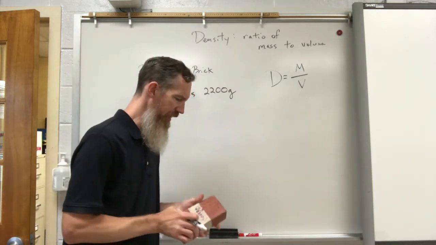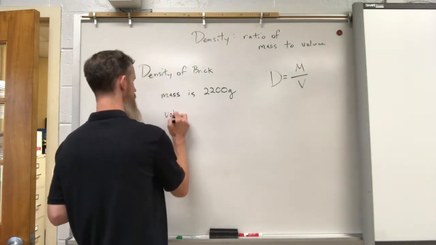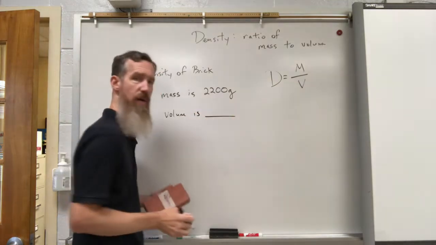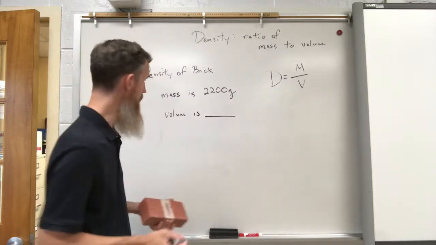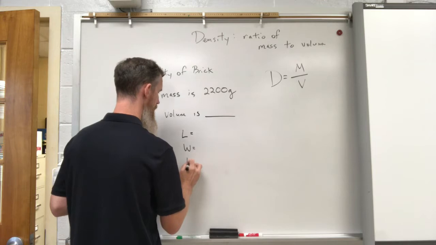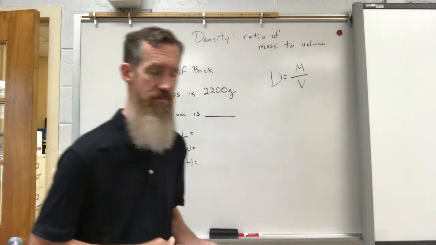And if I want the volume, well, I don't know it. I might be given information about the length, the width, and the height in a word problem. It may say, hey, you have the length, width, and height.